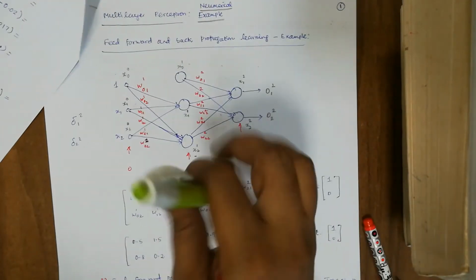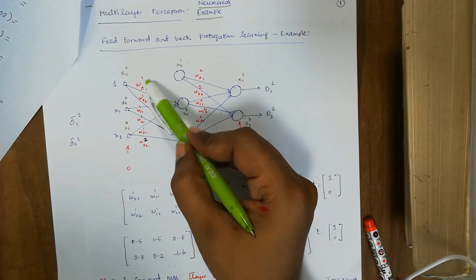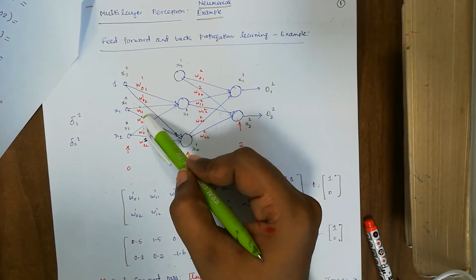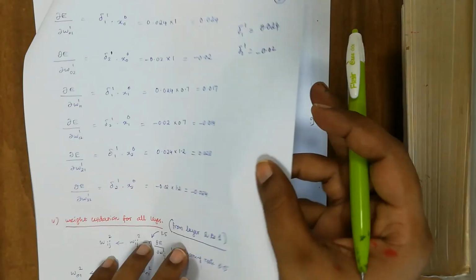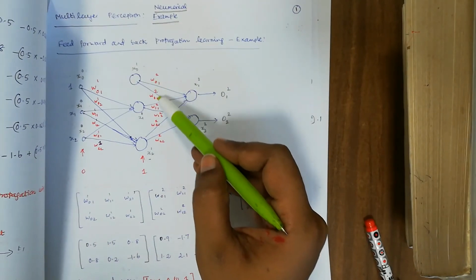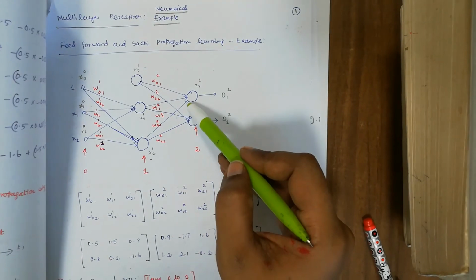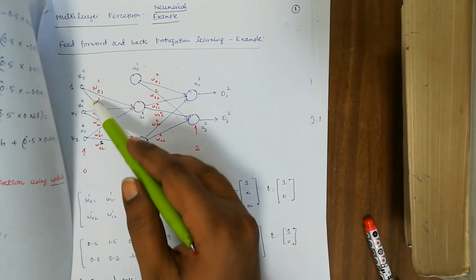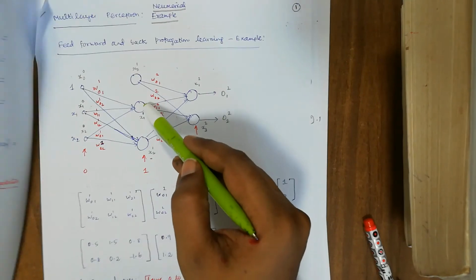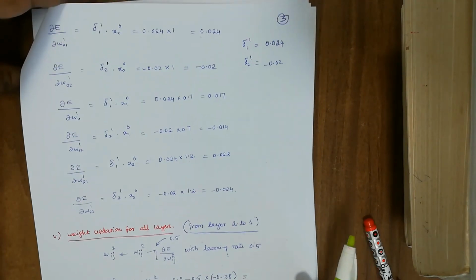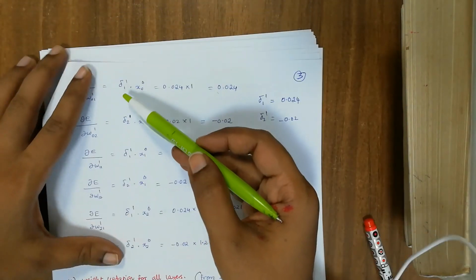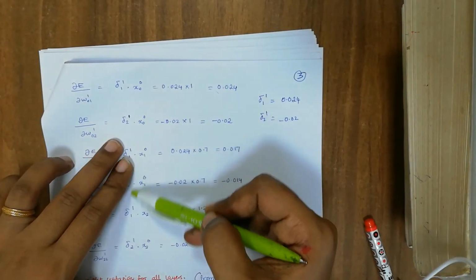As before, we have to do W01 1, W02 1, W11 1, W12 1, and so on. Now we have to update. Previously we updated all the weights going to the second layer. Now we have to update all the weights going to the first layer. That can be done using the same procedure. Only the calculation of the del value is different, but all else remains the same.